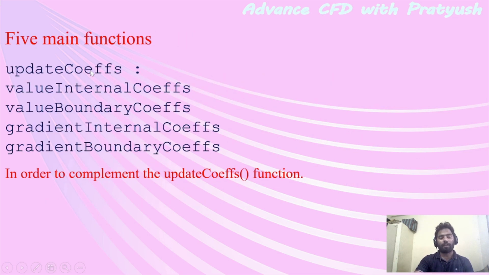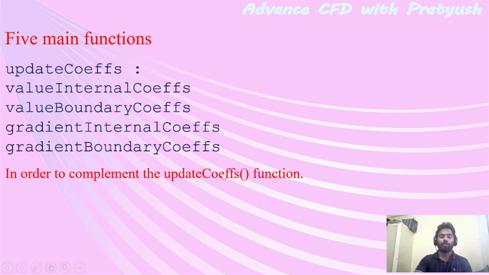Generally there are five functions that are important for development of the boundary condition: the updateCoeffs, valueInternalCoeffs, valueBoundaryCoeffs, gradientInternalCoeffs, and gradientBoundaryCoeffs. These are the five important functions that are needed to understand. However, the other four are just to complement the updateCoeffs function. The main function is updateCoeffs, and these are just to help update the coefficients of the given patches.